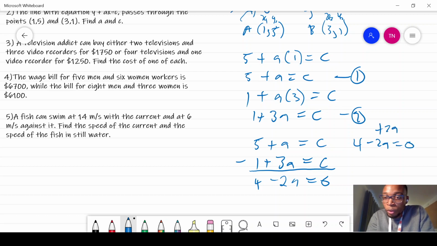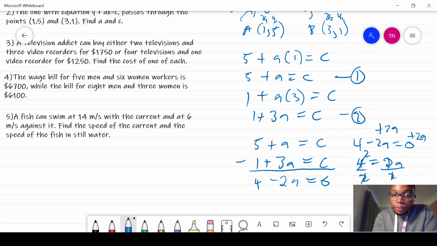Then we add 2a both sides, and we get 4 is equal to 2a. Then we divide by 2 both sides, so our a is equal to 2.